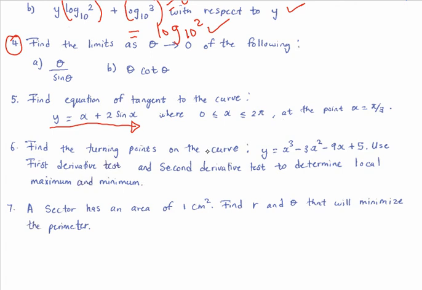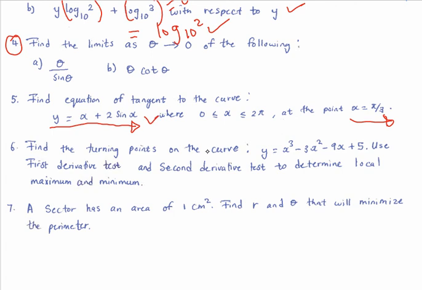We are told that the tangent is drawn at the point where x is pi over 3. To find the equation of the tangent, you need to find the gradient, and to find the gradient you need to differentiate your first equation.